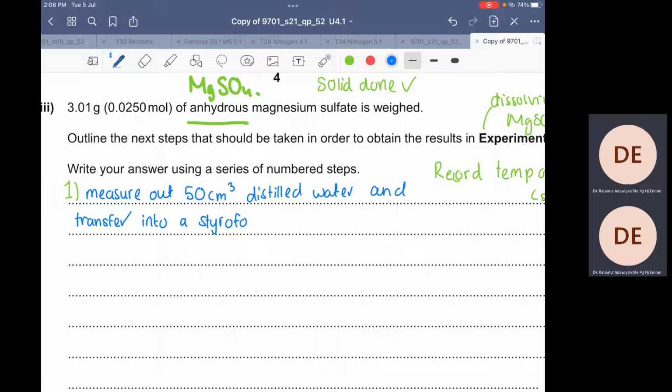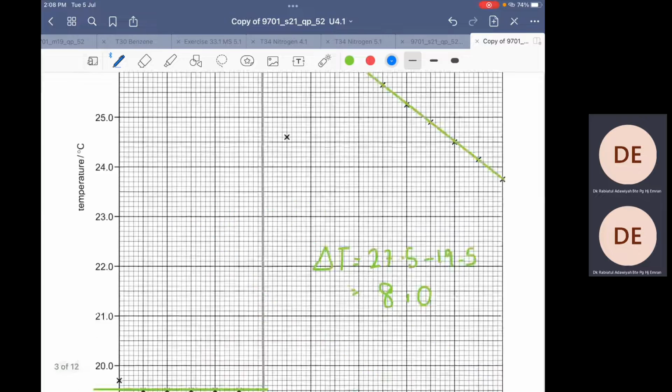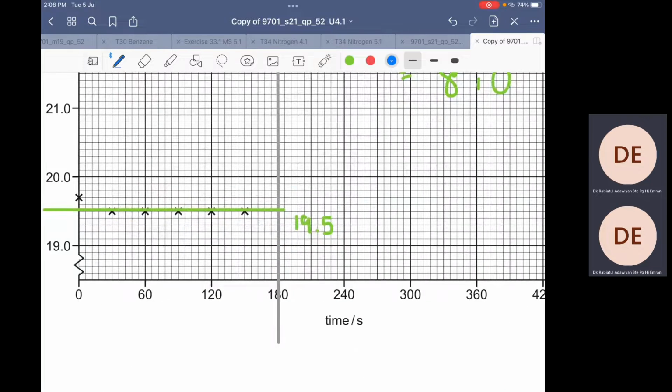We don't use styrofoam cup for fun. Styrofoam is supposed to minimize heat loss. Okay? All right. So before we add the solid, before we add the magnesium sulfate, if you look at the graph, what we did was we take the temperature of just the water.